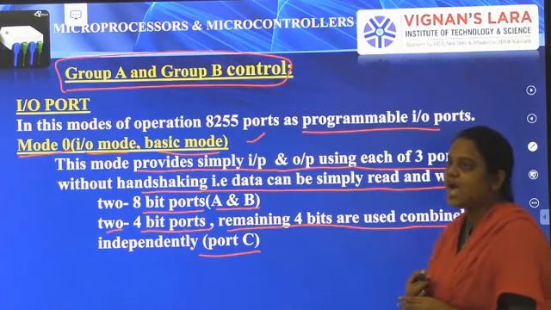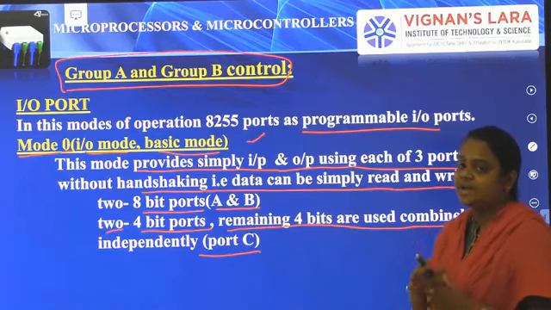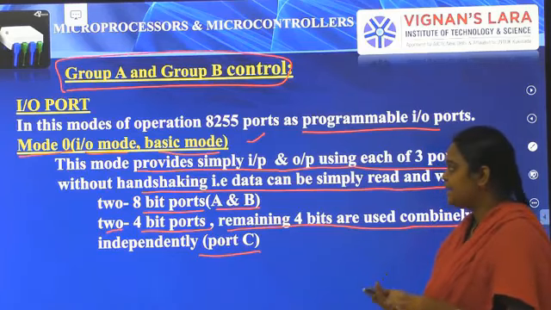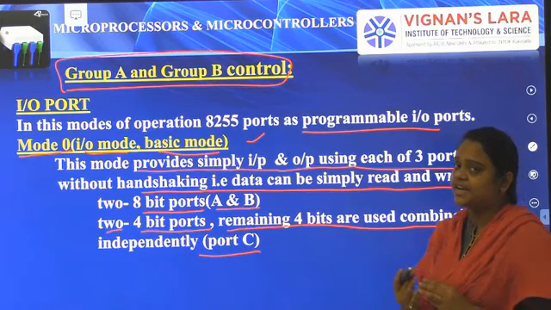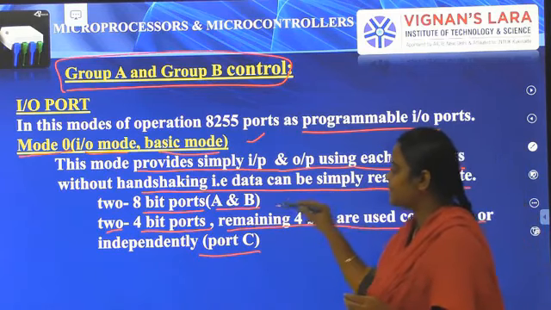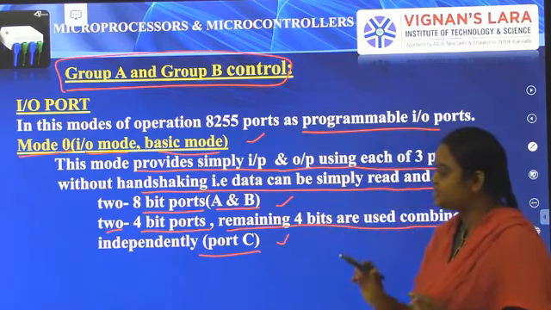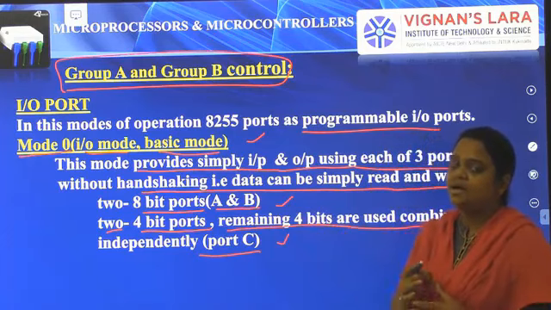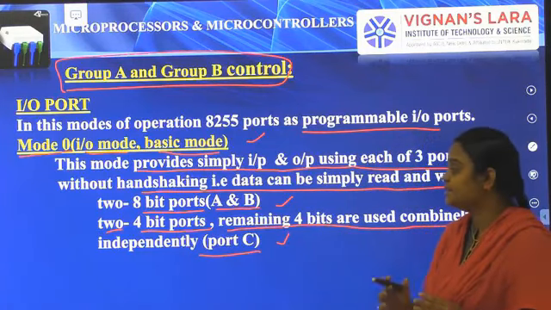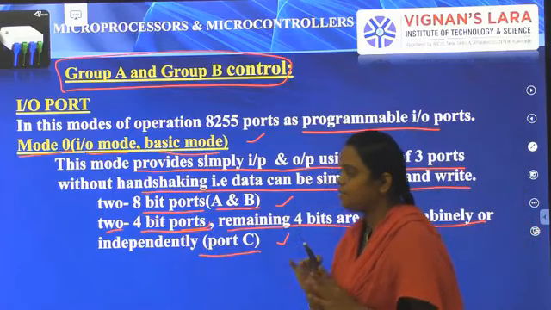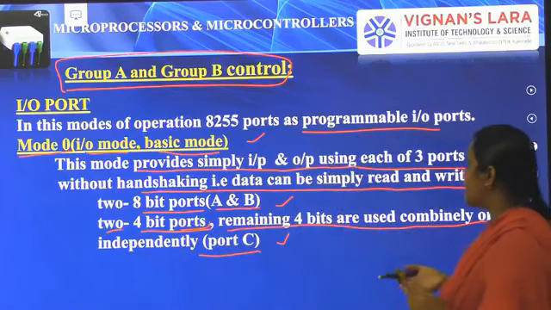That means there are no handshaking signals between transmitter and receiver. Data can be simply read and written using port A, port B and port C. Port C is used either independently as 8 bits or as 4 bits, depending upon the operation.